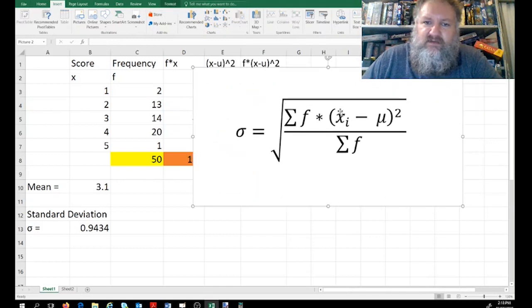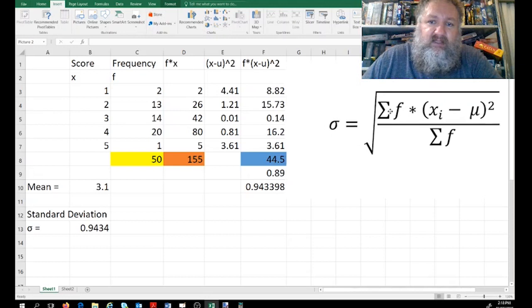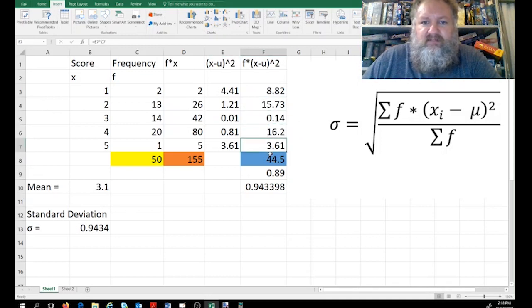What we've done is this first part for each of the numbers, and now we're multiplying it by the frequency for that number. That's what we've done here. Okay, we do that for each of these. So this 1.21 is multiplied by 13 to give us this number here. This one is multiplied by 14 to give us this one. Okay, so we multiply all of those and we then sum that.